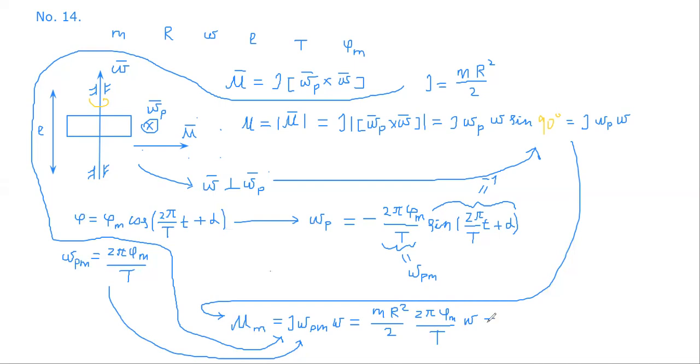So we have p m r in second order, phi m omega divided by t.